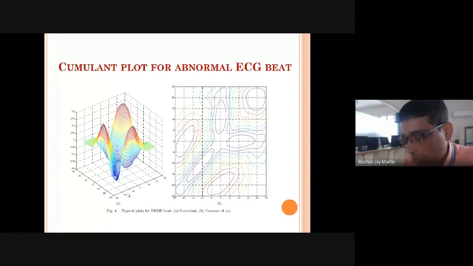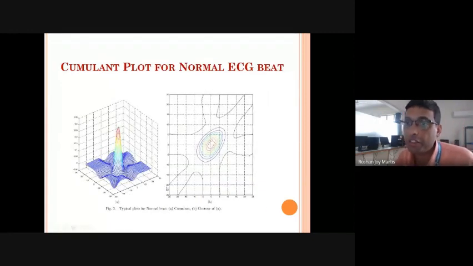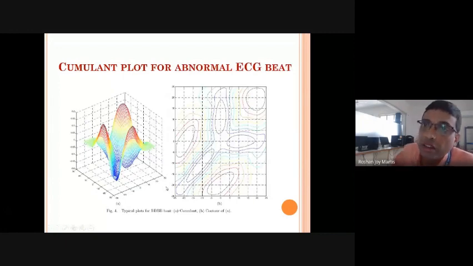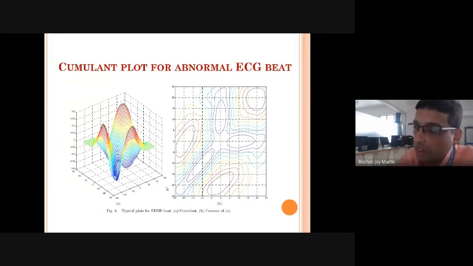So for a normal ECG beat, the nonlinear representation looks like this, and for an abnormal ECG signal, the representation totally changes. So how is it important for us? What doctors and physicians see is the ECG strip, and they say whether there is an abnormality or not. Slight changes they can find in the time domain. But we are representing in a nonlinear domain and showing these plots to the physician, and there is a drastic change in the plots with which you can discriminate the data better.